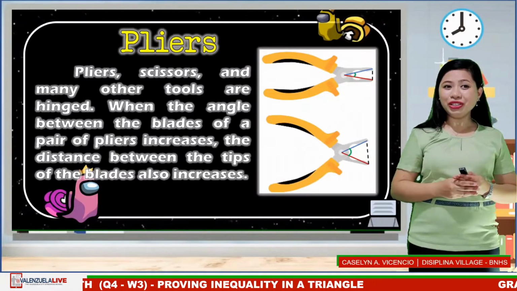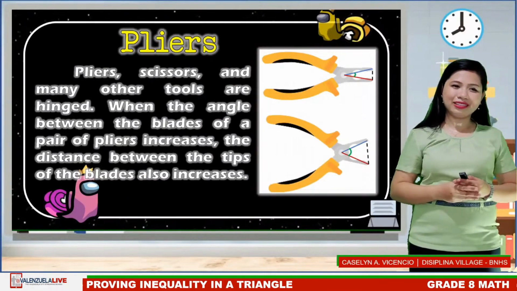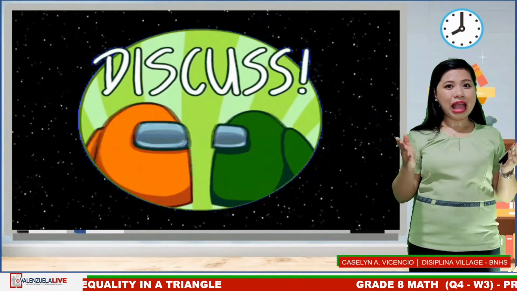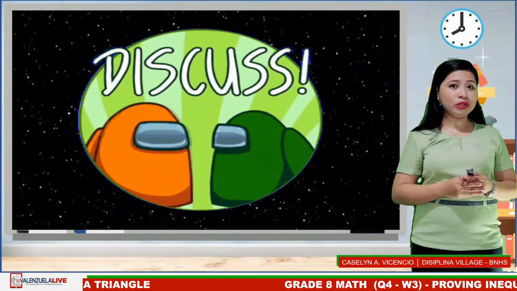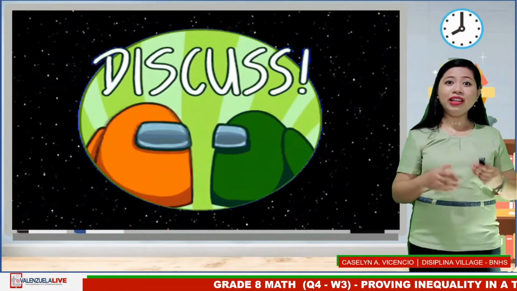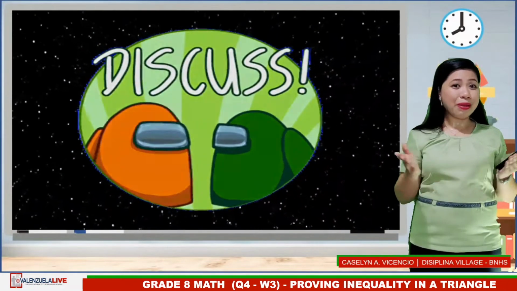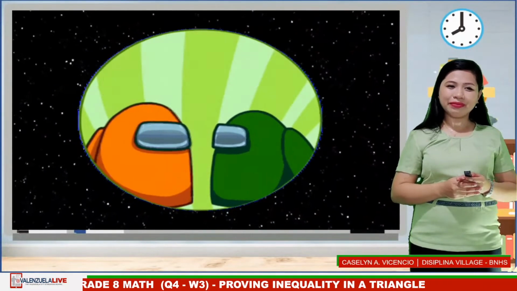Good job, math learners! We are able to finish our first task. Now, we can identify who is the impostor among us. You may type your answer in the comment section. All of you answered white.